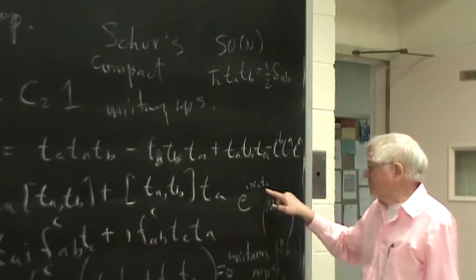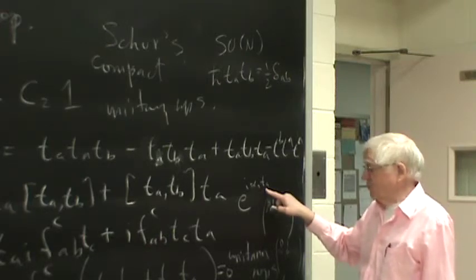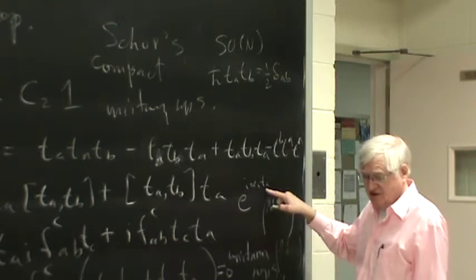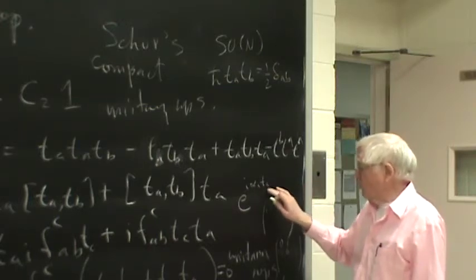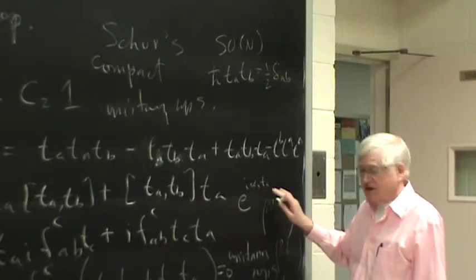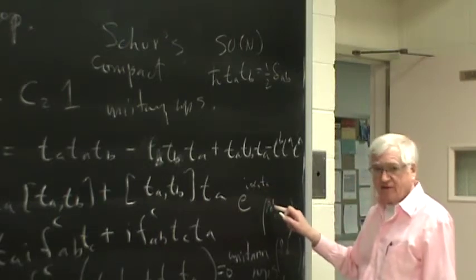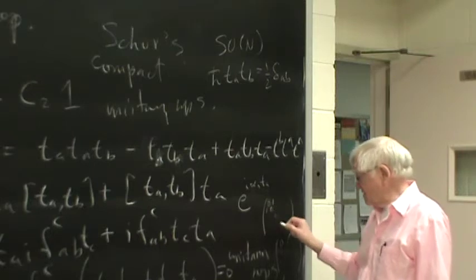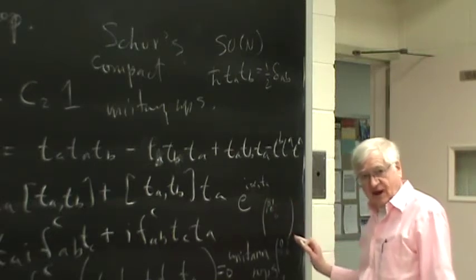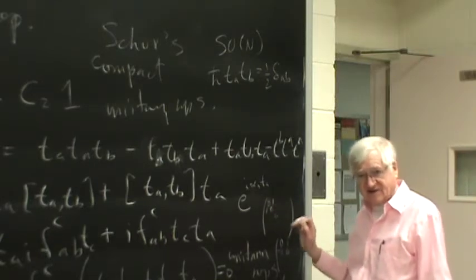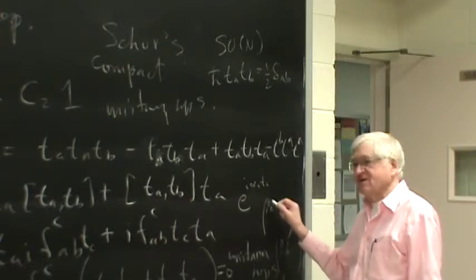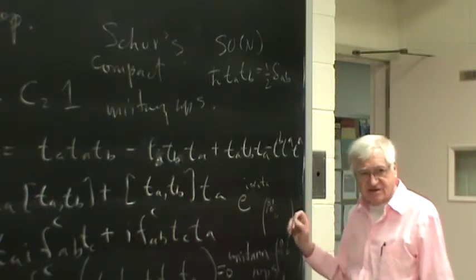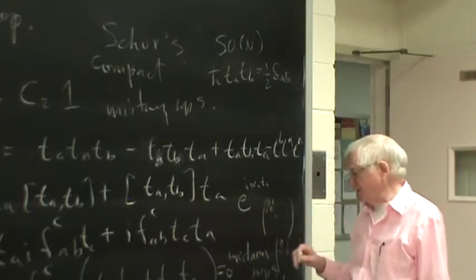So if we want the trace of the logarithm to be 0, all these things have to be traceless. That means the sum of the diagonal elements has to be 0 for any of the generators.